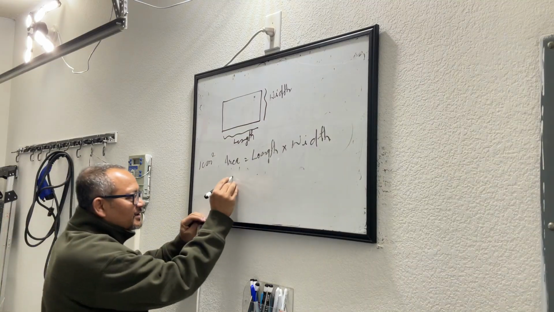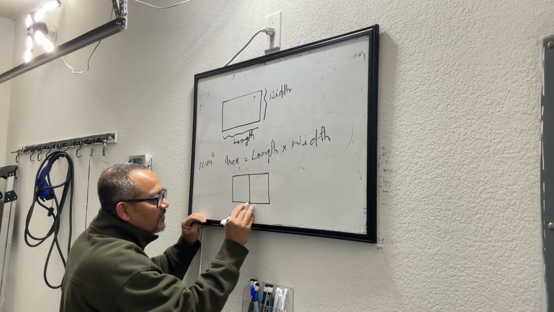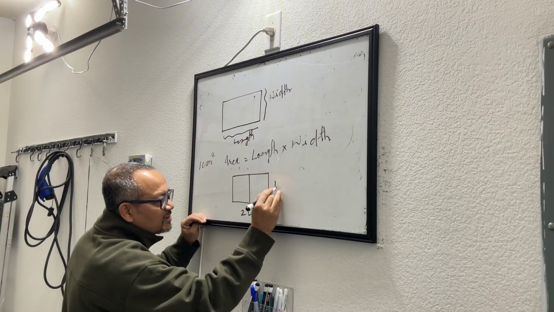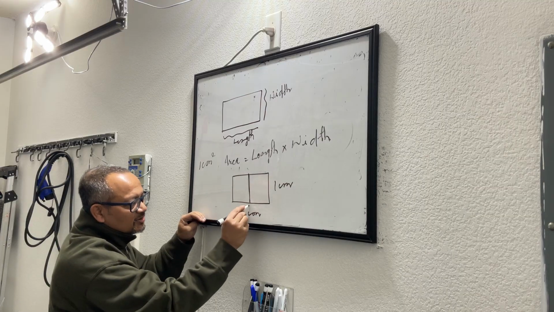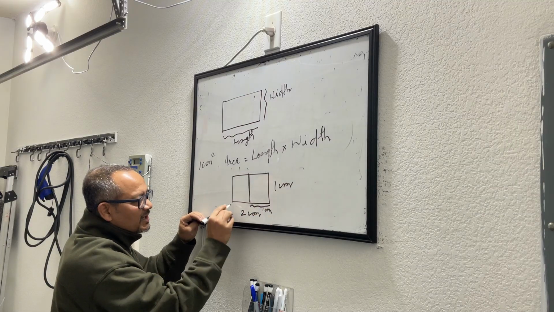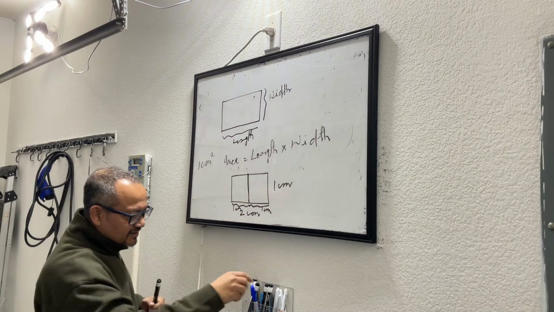Now let's look at it. If I have a rectangle which is 2 centimeter long and 1 centimeter wide, what I did, I split this into 2 parts. So here to here it is 1 centimeter, here to here it is 1 centimeter. Now we have 2 squares here.